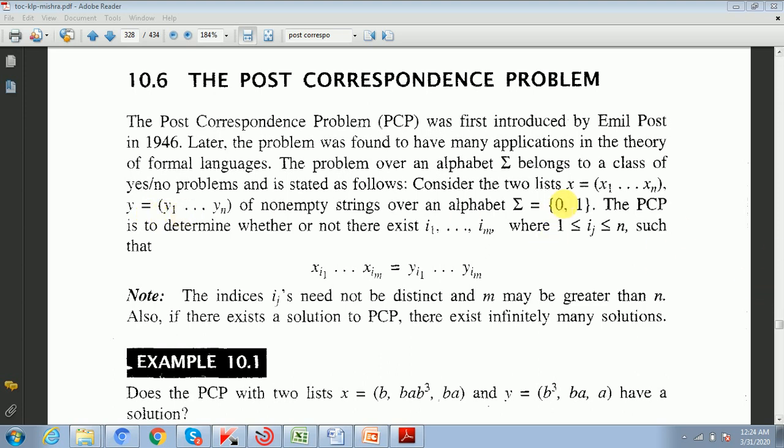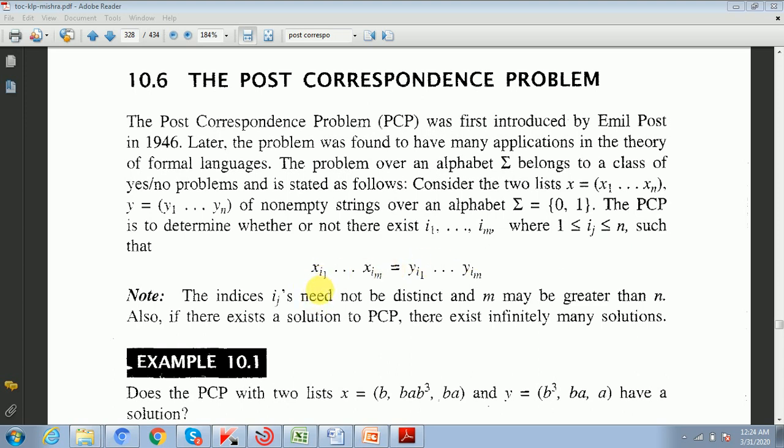But the string xi need not be the same as the corresponding string yi. For example, here we are going to discuss the alphabet over 0, 1 to determine whether it has a solution or not. This is the condition.